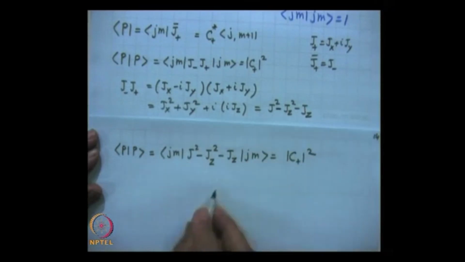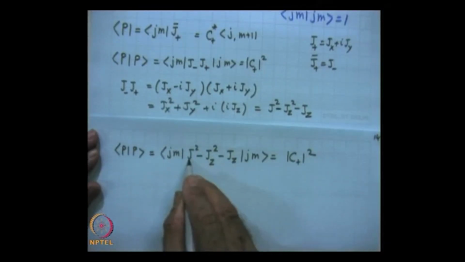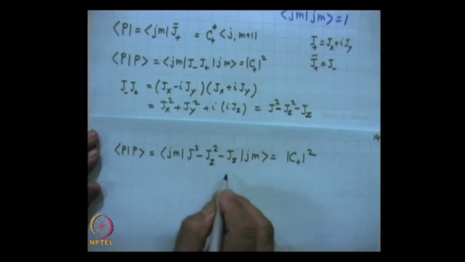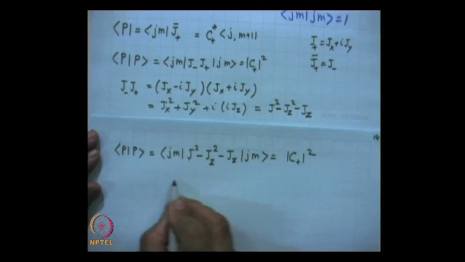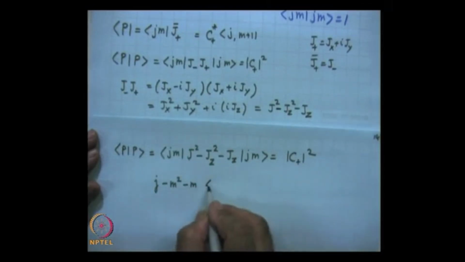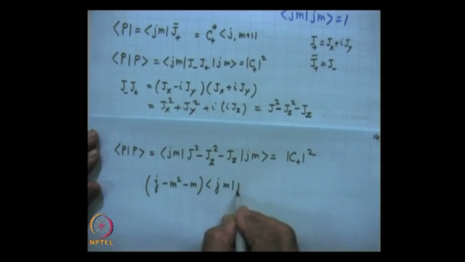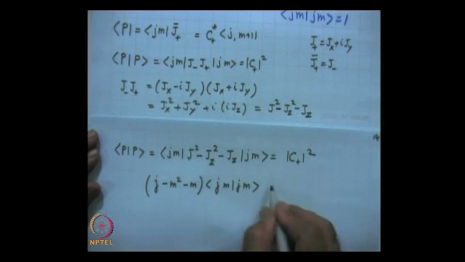So, this operating on this, ket jm is an eigenket of J square, Jz square and Jz. So, J square of that will give j into j plus 1 minus m square minus m, times bra jm ket jm, and this is equal to mod C plus square.